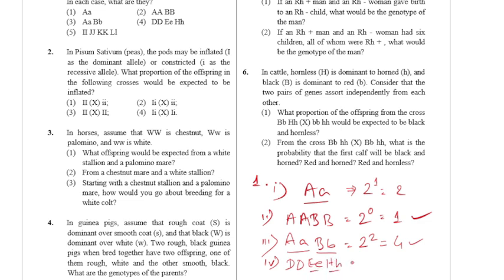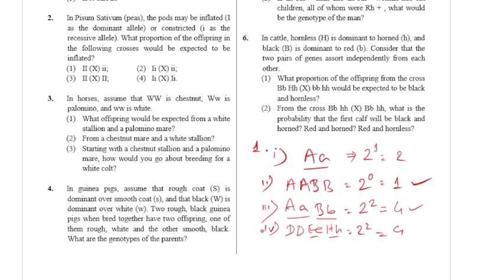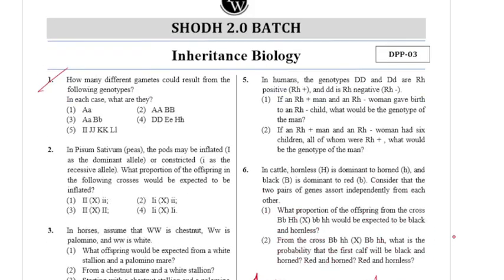Two pairs of heterozygous are there, so 2 to the power 2 and 4 types of gamete. Next, case number 5. Capital I, capital J, capital K, capital L, small l. One pair of heterozygous, so 2 to the power 1 and 2 types of gamete will be produced.